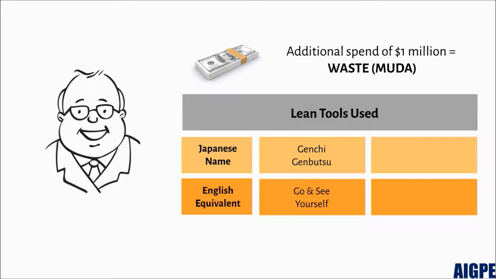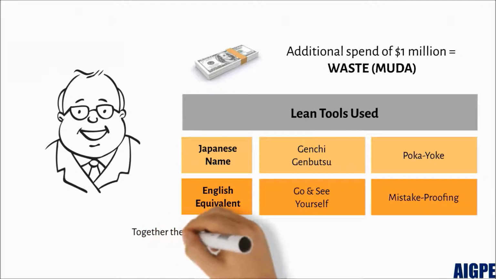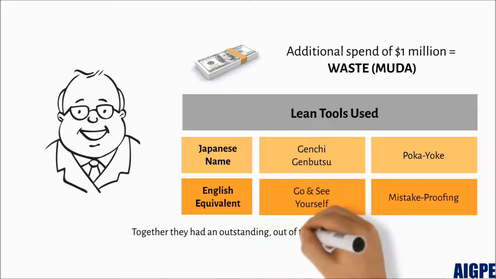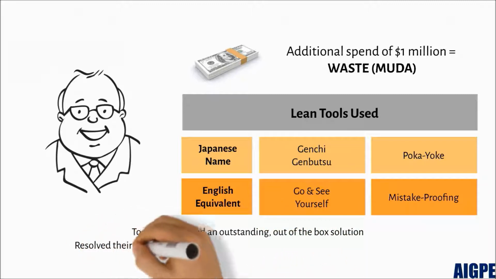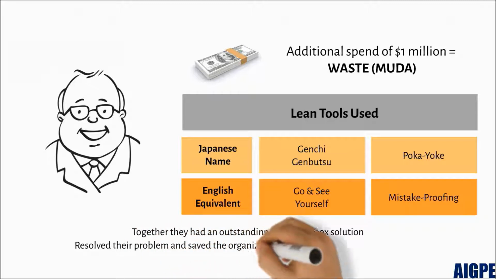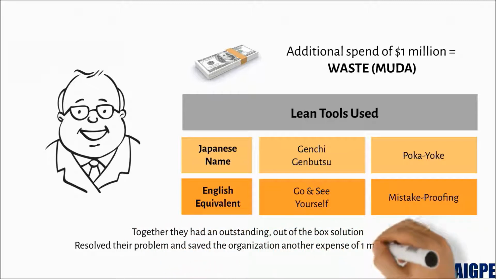He walked the shop floor where actual work took place and he spoke to those who did the work. The ground level staff used another lean principle called Poka-yoke. Poka-yoke in English would mean mistake proofing. Together, they had an outstanding, out of the box solution. It not only resolved their problem, but also saved the organization another expense of $1 million.